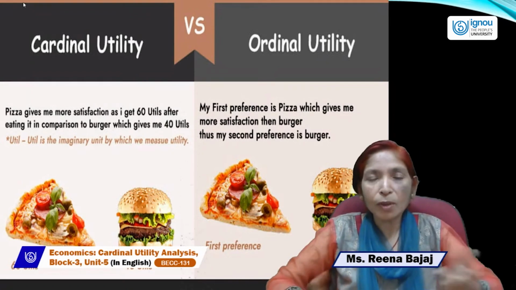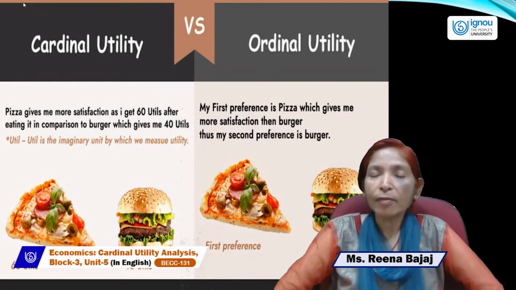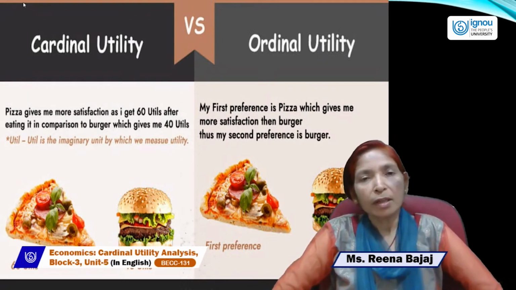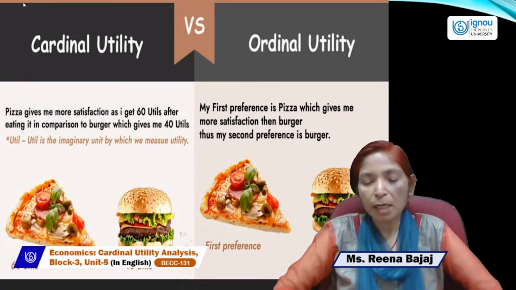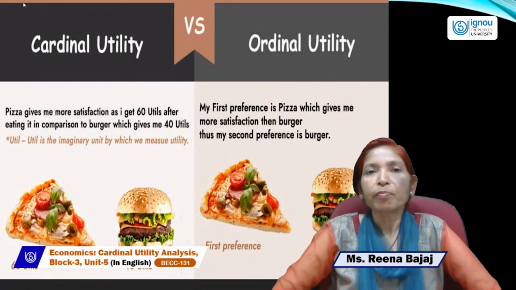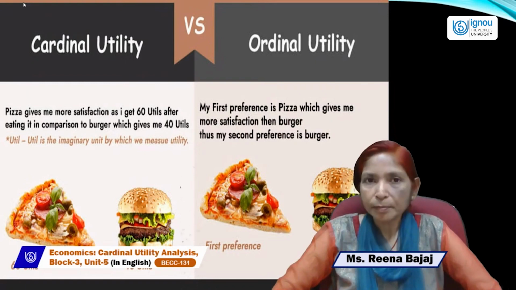For example, we know that each and every commodity can be measured in terms of a particular unit. Milk can be measured in terms of liters. Cloth can be measured in terms of meters. Distance can be measured in terms of kilometers.